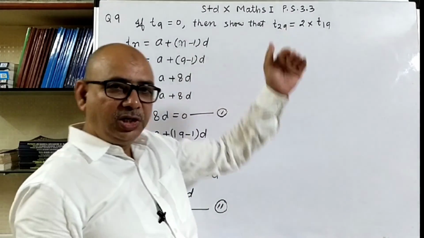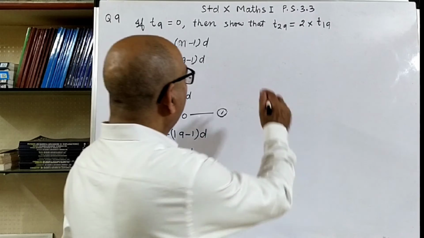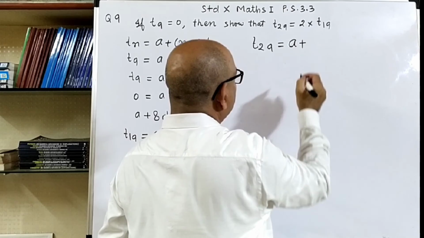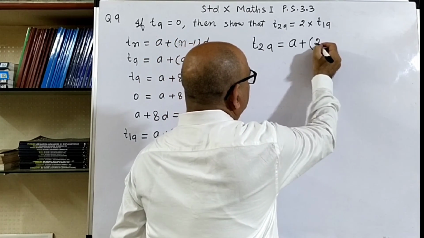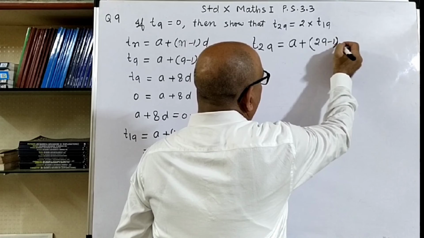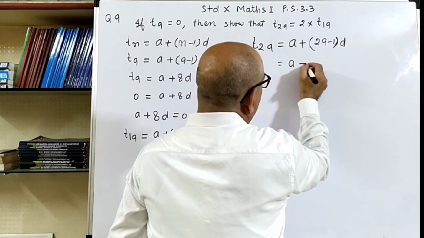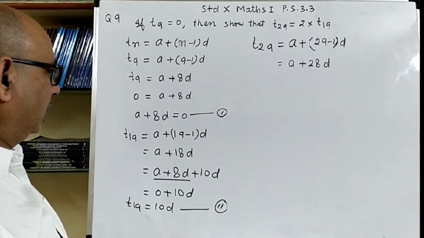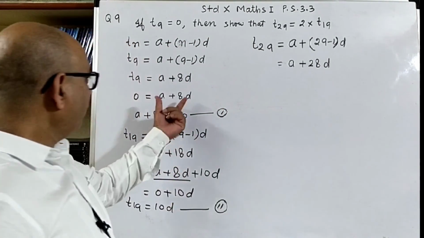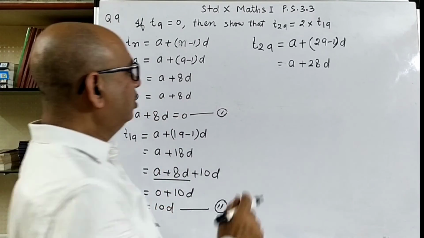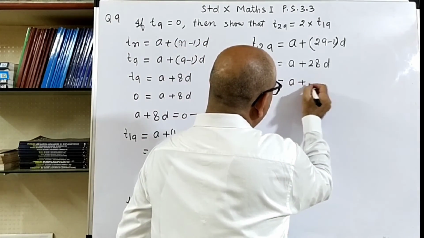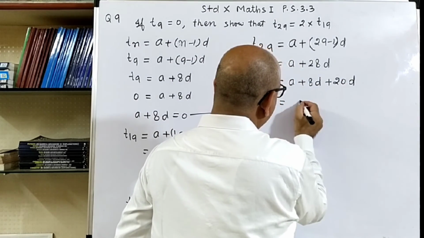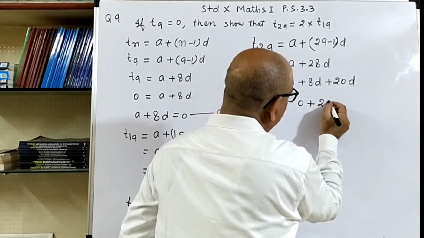Let's find out the value of T29. T29 is equal to a plus n minus 1, that means 29 minus 1 into d, which is equal to a plus 28d. We know the value of a plus 8d is 0. Let's break it into two parts: a plus 8d plus 20d. A plus 8d is 0.